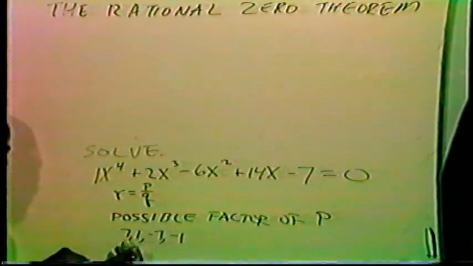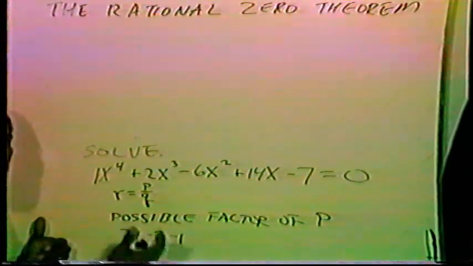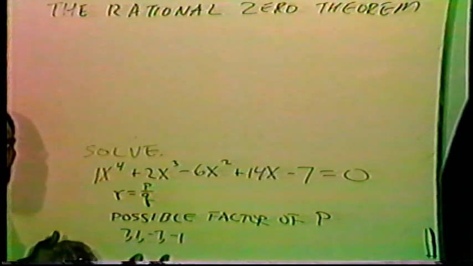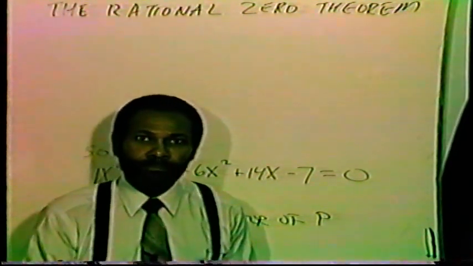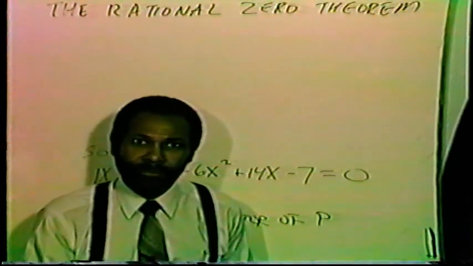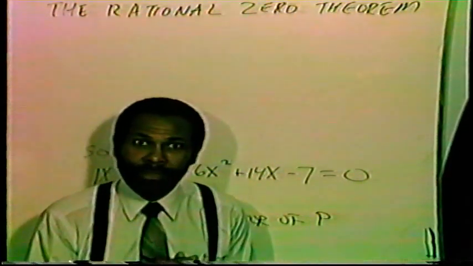If you use positives and negatives in the numerator, then you don't have to use the positives and the negatives in the denominator. You can just use the positives in your denominator if you use both the positives and the negatives in your numerator.